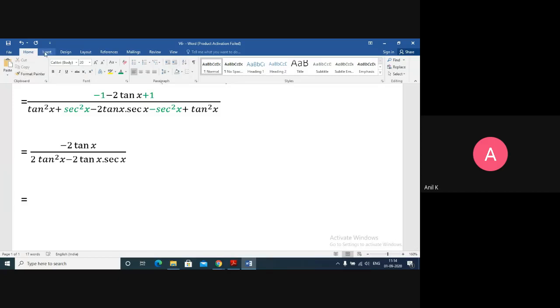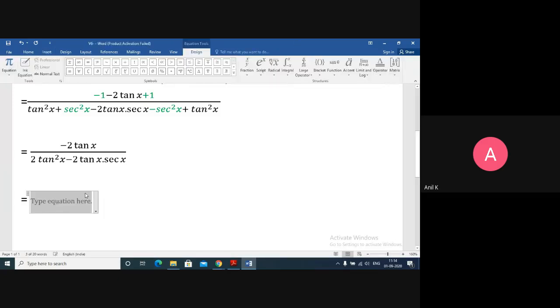Now further simplification I can do. Let's see what further simplification we can do. The numerator I'll keep as minus 2 tan x. In the denominator, can you tell me if anything is common in both the terms? We can take common 2 tan x. Perfect. If I take 2 tan x common, the first term will be left with tan x and the second term will be left with sec x.